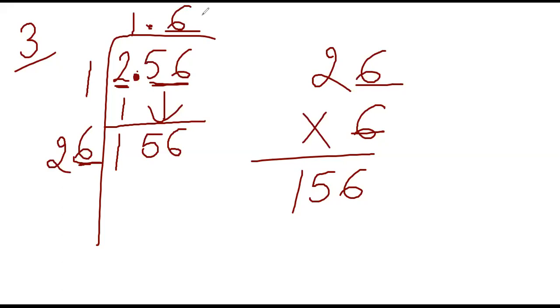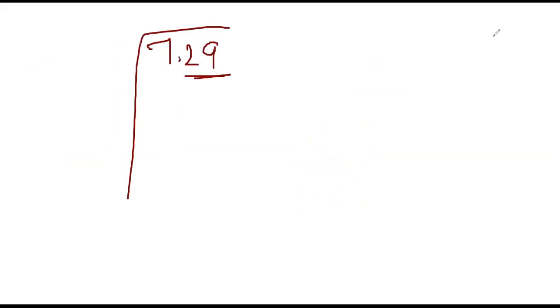Next, let's try one more. It's 7.29. Again, 29 is an even pair, 7 is single. So here, which square number will go under 7?